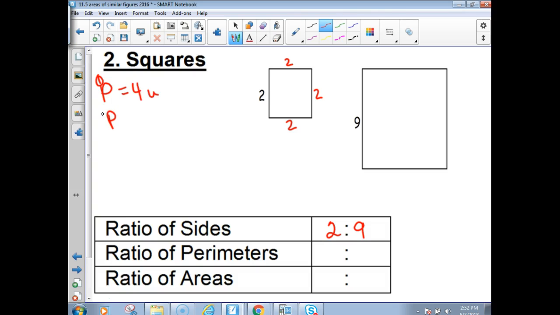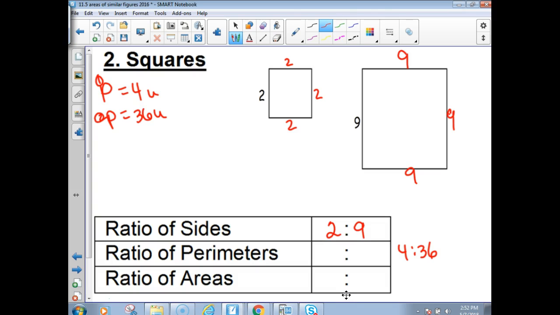The perimeter of the second one would be, you don't really need to add up all those 9s. You could multiply by 4 because there are 4 congruent sides on a square. 4 times 9 is 36 units. Okay, so the ratio of the perimeters is 4 to 36.